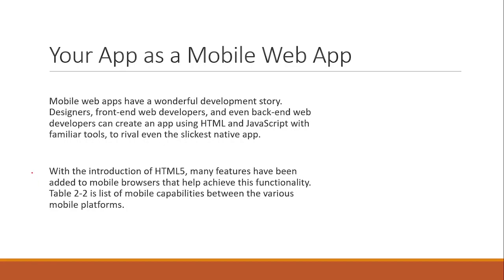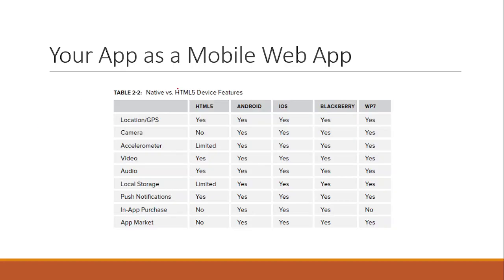So with the introduction of HTML5, so this is the new version of the HTML, many features have been added to mobile browsers that help achieve this functionality. So this table right here lists the mobile capabilities between the various mobile platforms. So here we have the HTML5, the Android, the iOS platform, BlackBerry, and the Windows Phone 7.